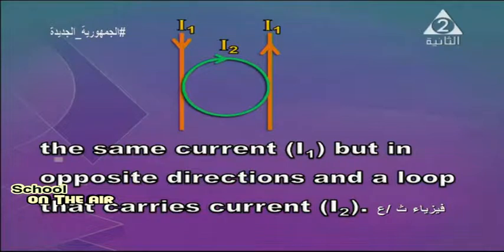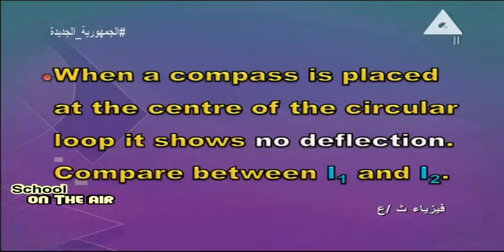So the wires, your attention please, have the same current intensity I1 but in opposite directions, and this makes the field inside the two wires in the same direction, and a loop carries a current I2 in a clockwise direction. When a compass is placed at the center of the circular loop, it shows no deflection.